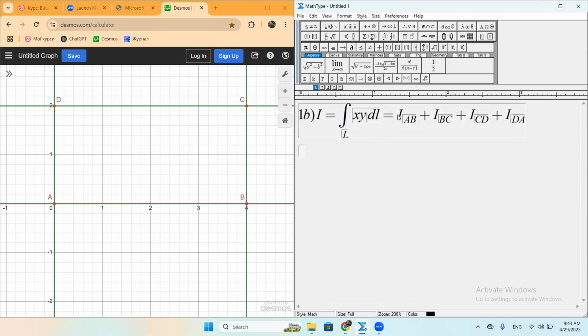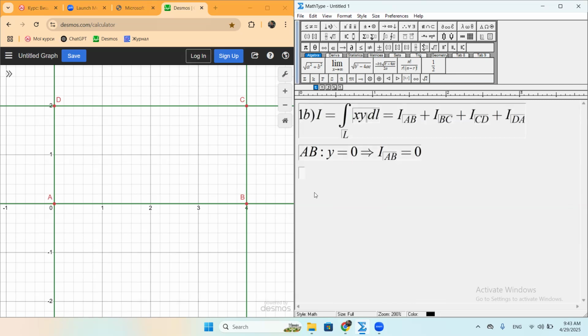What about AB? If we integrate along AB, y equals 0. If we substitute into the initial integral, we can already see that the integral along AB will be equal to 0.